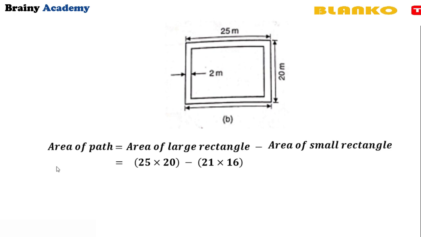All right. So 25 by 20 is 500, minus 21 by 16, which is 336. When you subtract 336 from 500, we get 164 meters square.